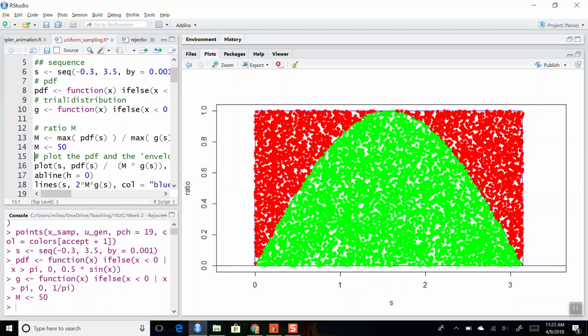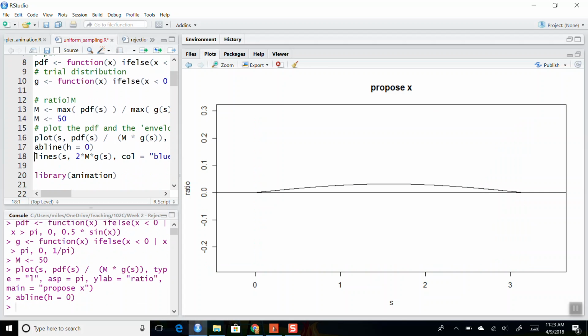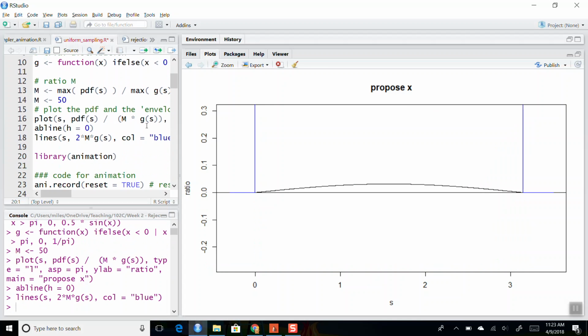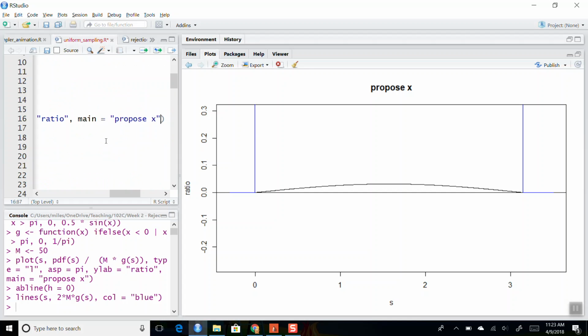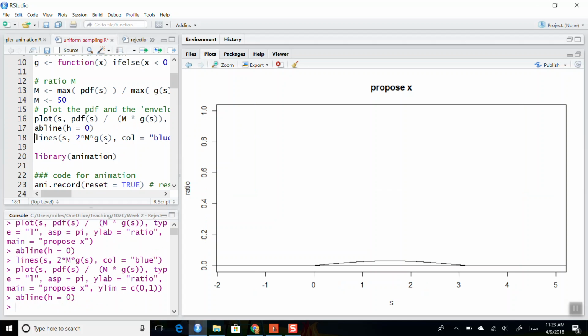So here I'm going to say M is 50, and when I plot this, I have to redo this. My y limits should be 0 to 1.